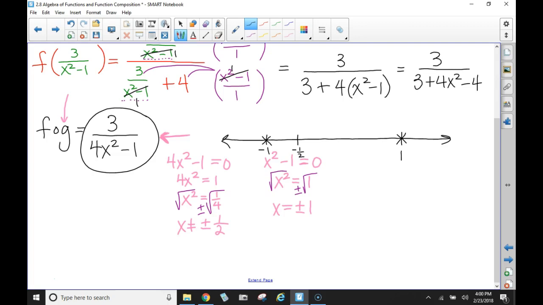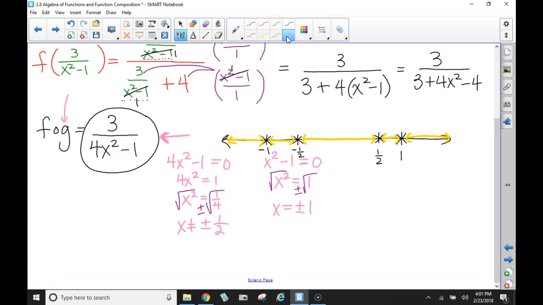Negative 1/2, no good. All right, and positive 1/2, no good. But our domain is anything else. All the stuff in between there, all the stuff in between there, all the stuff in between there. We got a lot of ors going on here.